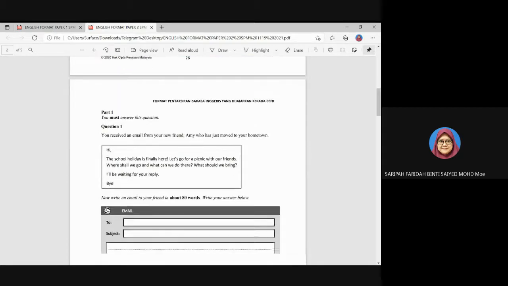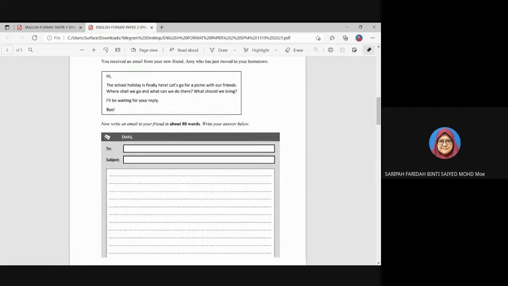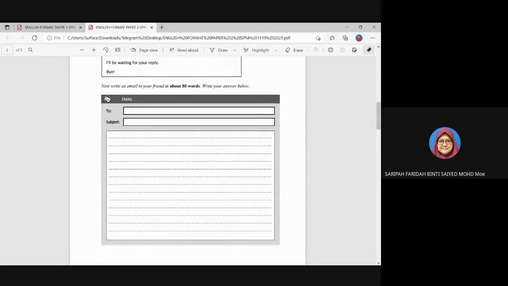Why do I ask you to get ready? Because for part 1, can you see this? This is the only place where you can write. I'm afraid you wouldn't be given a test pad or extra sheets behind the question paper.